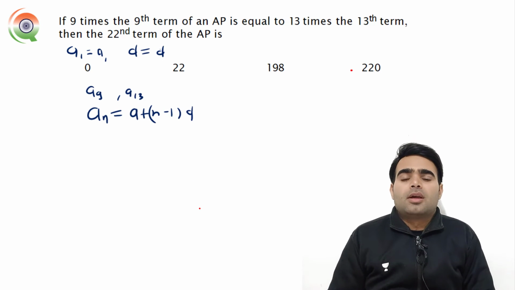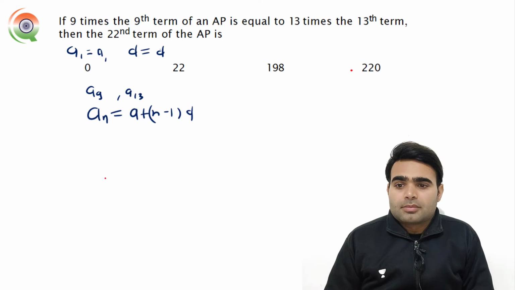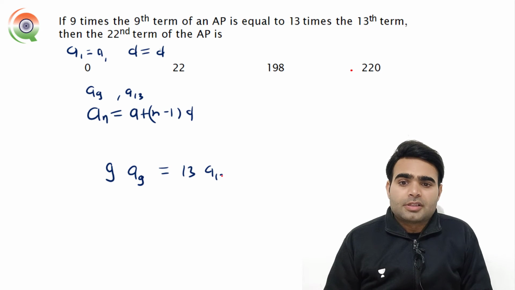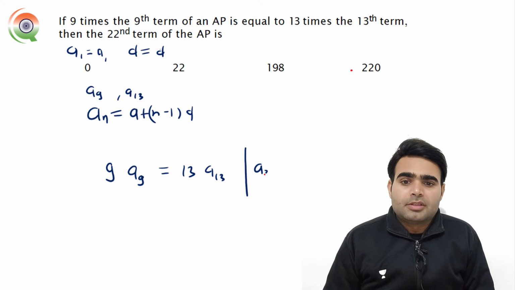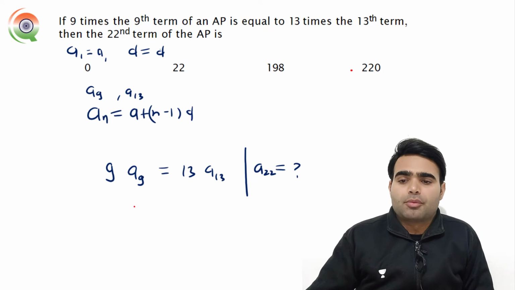Now let us read the question carefully: 9 times the 9th term of an AP is equal to 13 times the 13th term, A13. This is the given information. Then we need to find the 22nd term of the AP.